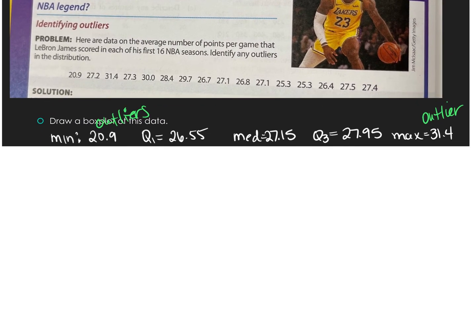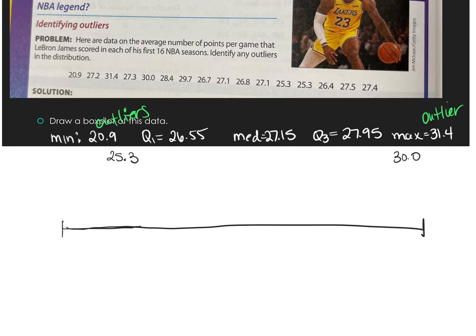Okay, so what was the next data value after 20.9? 25.3. And then 30.0 was the second highest value. So we're going to draw a number line. I'm going to draw it big and then we'll see what we need.